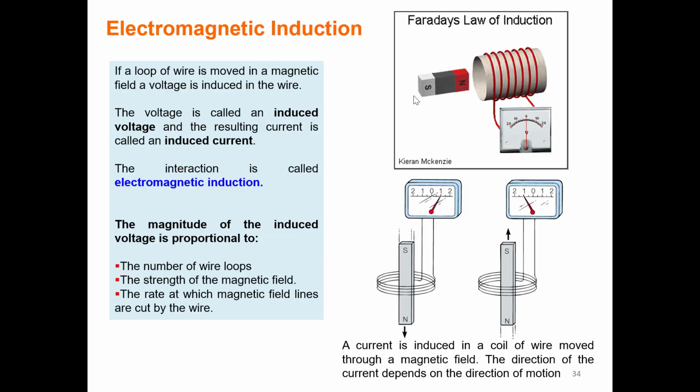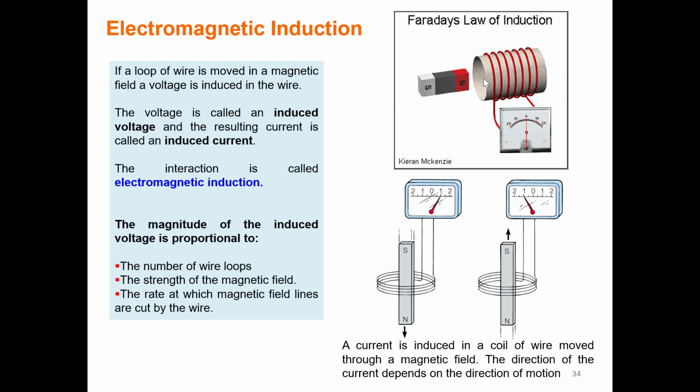The other is the opposite effect: how magnetism can induce some electric effect. In this case we have a loop of wire, and we don't apply any voltage or energy to it. You can see there is no net connection here.